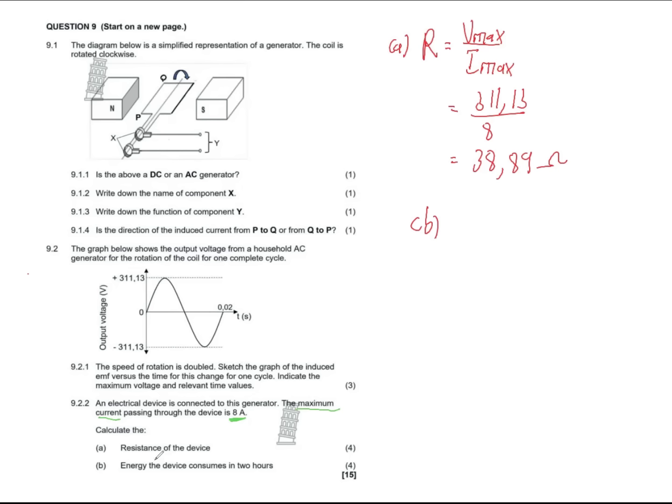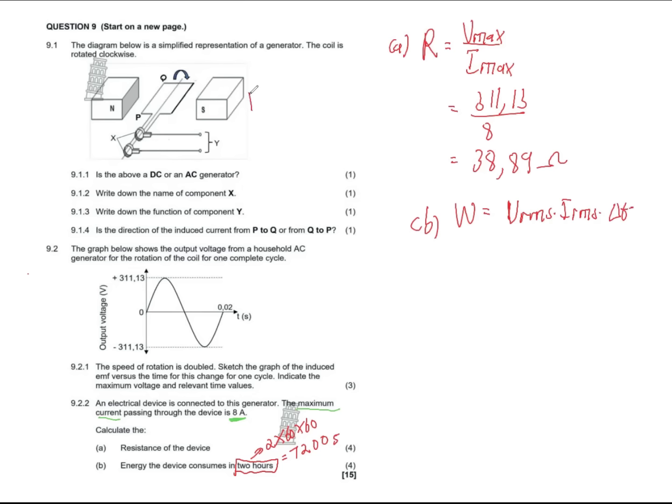And then now they want the energy the device consumes in 2 hours. Again, the 2 hours. Remember, we did convert the 2 hours, and we said we are supposed to say 2 multiplied by 60 multiplied by 60, which ends up giving us 7,200 seconds, right? So to calculate the energy, the formula, W is equal to what? So we can convert both the maximums. So we're going to have VRMS multiplied by IRMS, then multiplied by time, right?